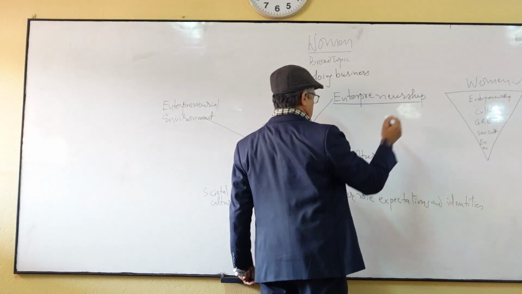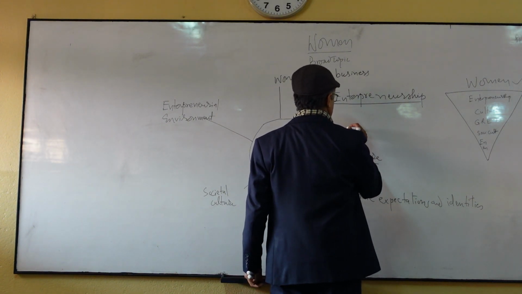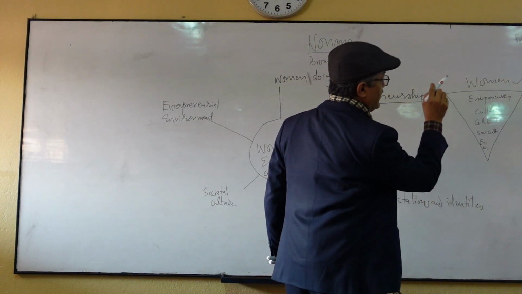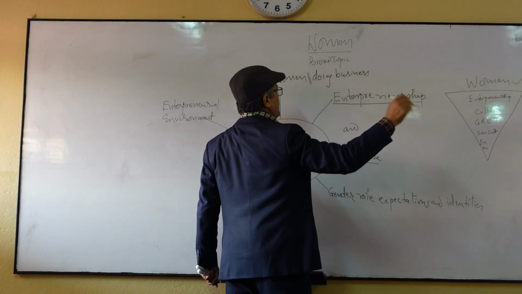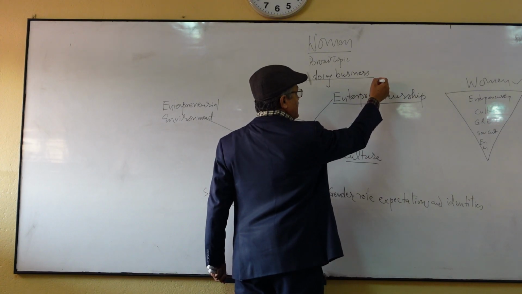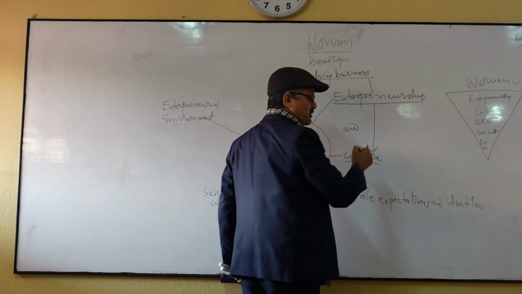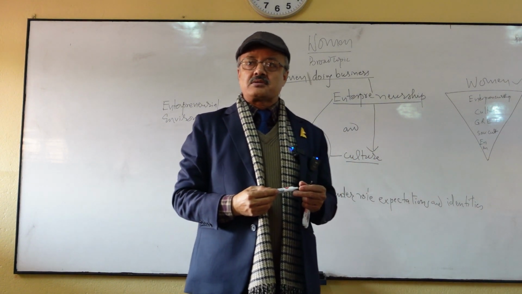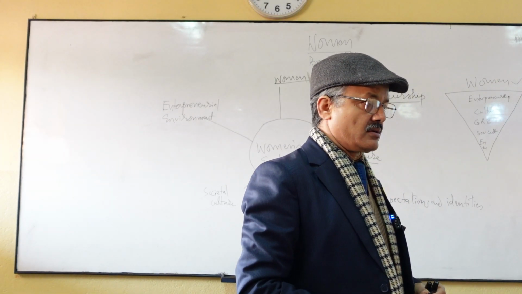Now the third keyword is culture, right? And there is a word "and", if you see. Look there, there is a word "and". So this paper will examine women's business, women's entrepreneurship, in relation to culture. How does culture influence women's business?